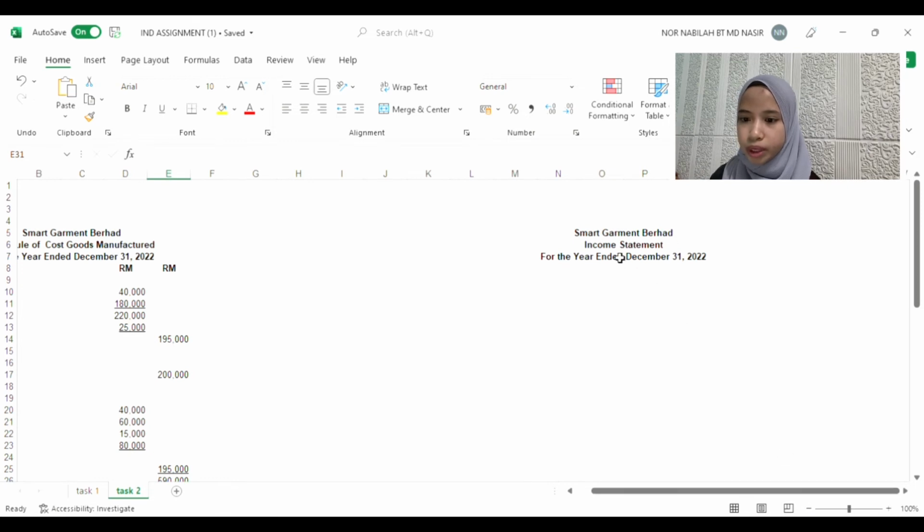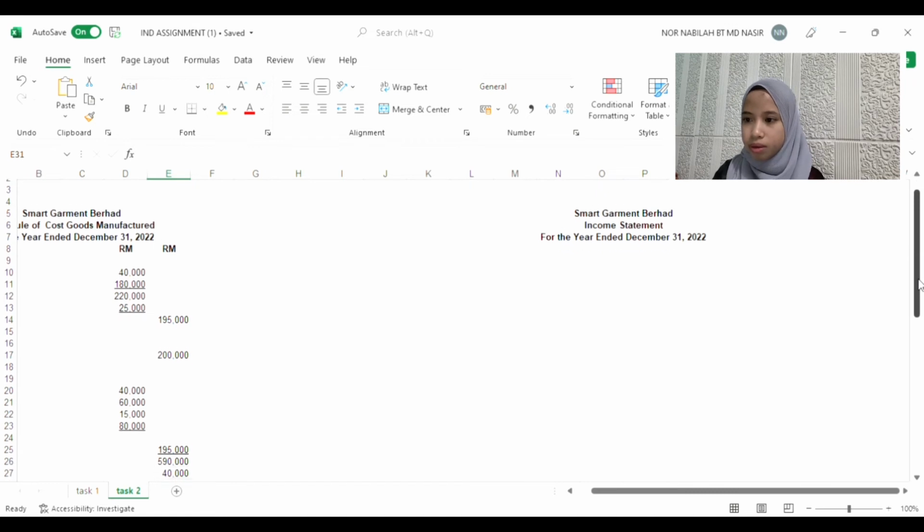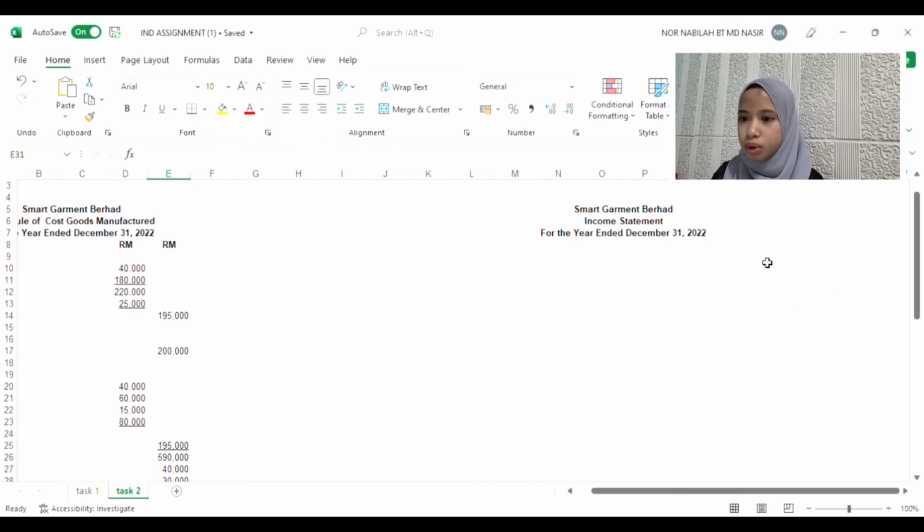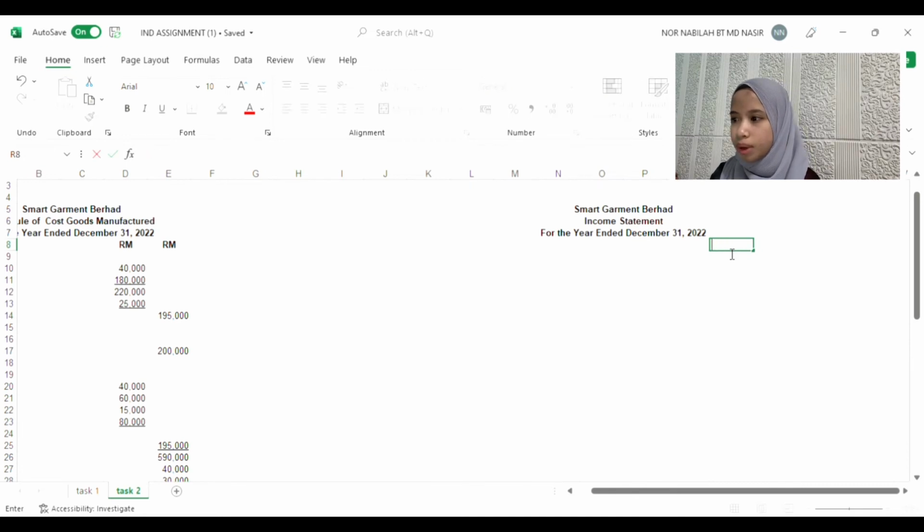We have to minus work in process inventory December 31, but we don't have to put the minus symbol, because we already put the minus symbol in the formula.